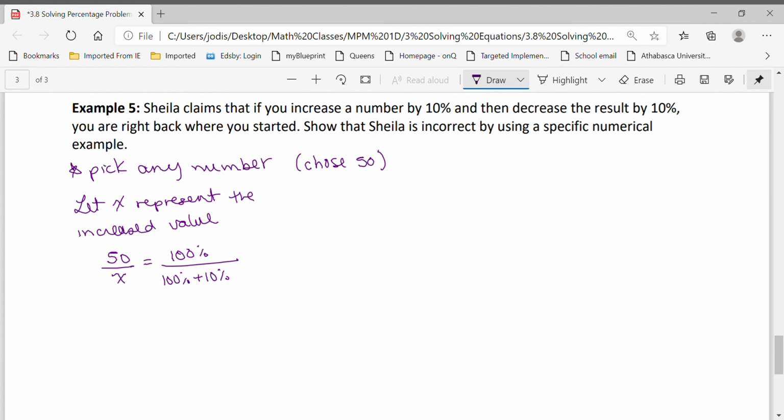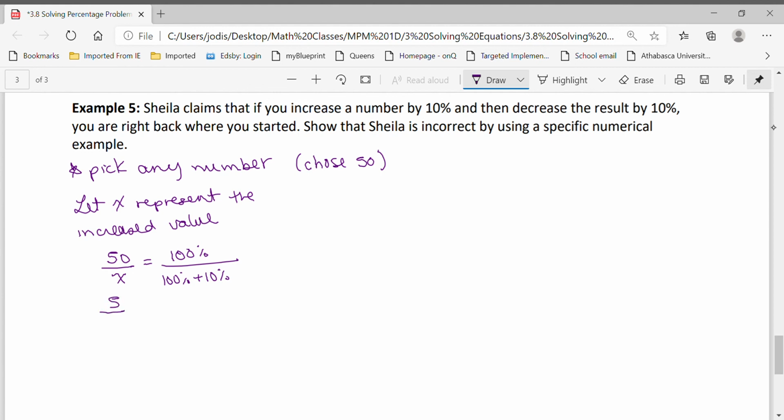Right, because in this example, I picked 50, right? You could have picked any number. You could have picked 10, you could have picked 5. I'm just picking 50, okay? So 50 would be like our normal total amount. But she's saying that if we increase it by 10%, right? So that's my bottom here. We need to figure out what this number is if we increase 50 by 10%.